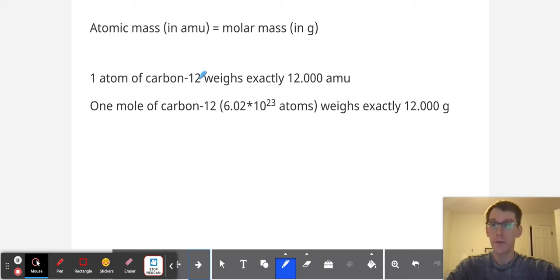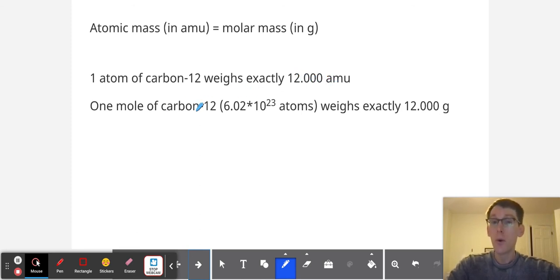But there's good reason for it, because the atomic mass in AMU of an element is equal to its molar mass in grams. So, for example, we know that one atom of carbon 12 weighs exactly 12.000 AMU.